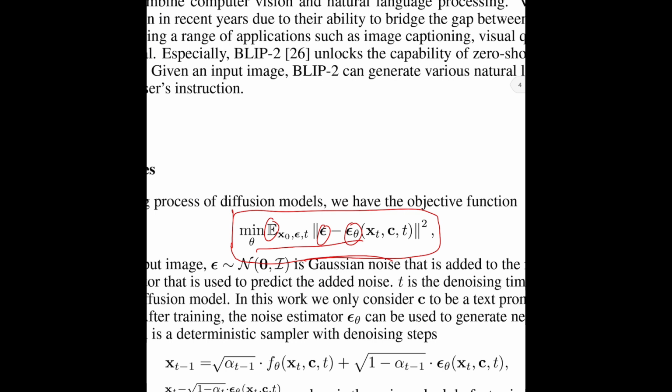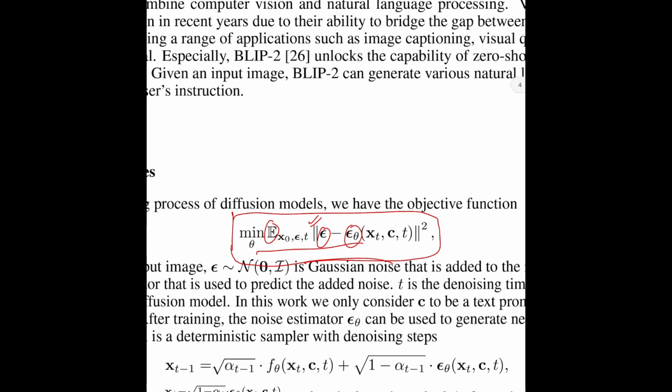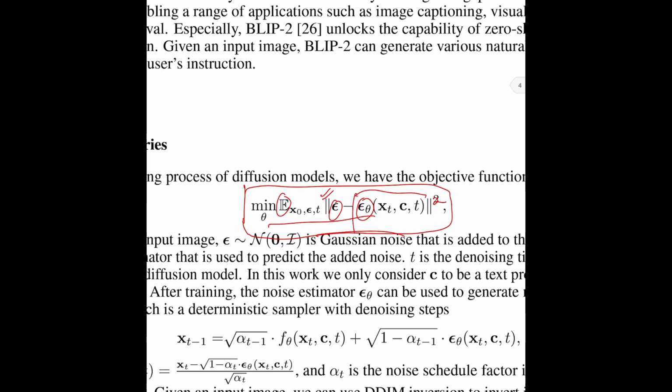Okay, so what this says is that these symbols are like finding an absolute value of a particular thing, and this is the square, and this particular thing is a function, and xt, c, and t are some kind of variables of this function epsilon theta, and epsilon minus epsilon theta is some kind of loss function, which we have to reduce. I mean, we have to reduce the loss.